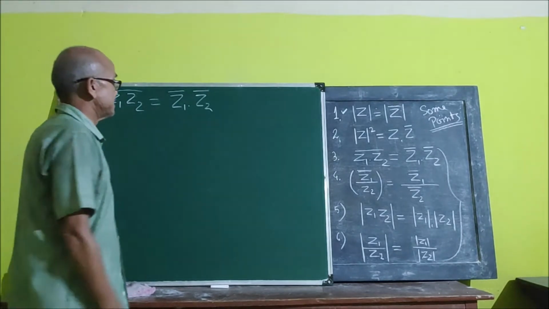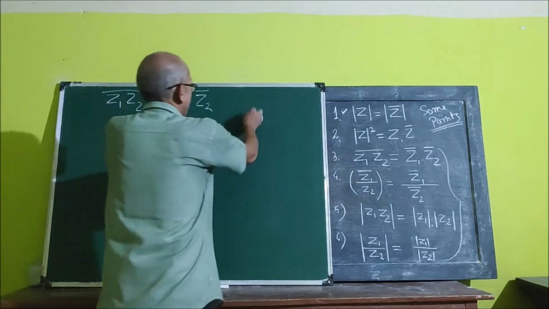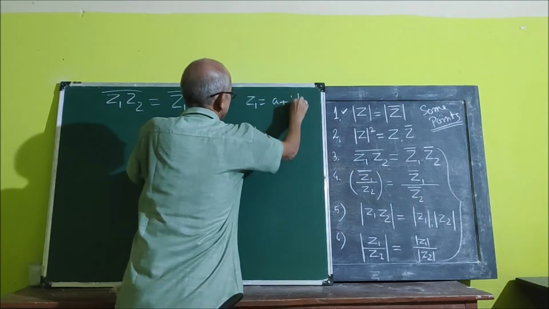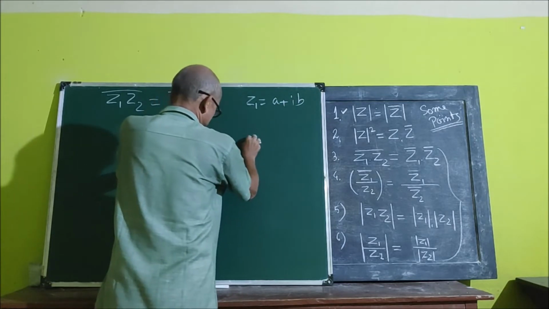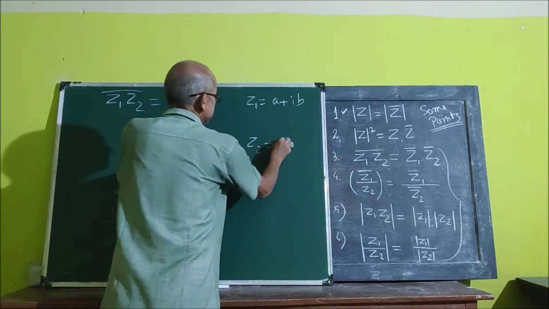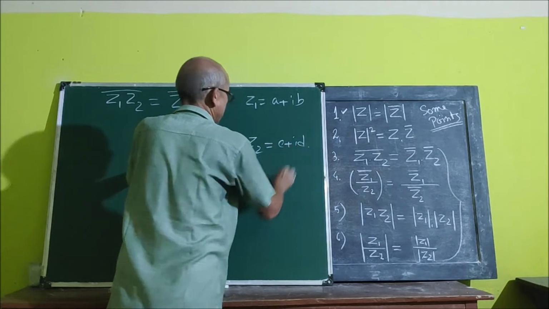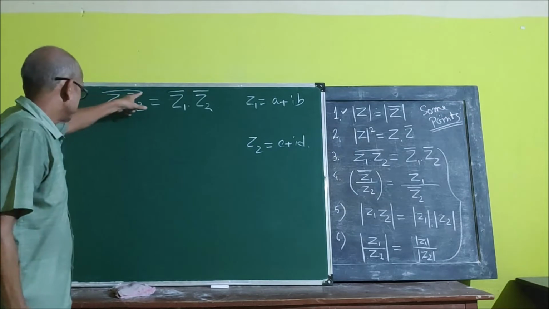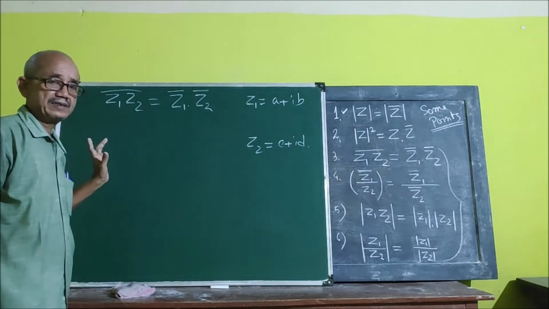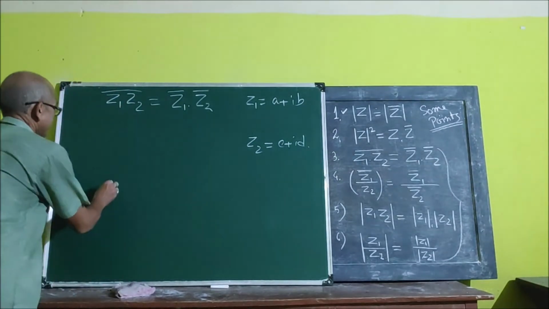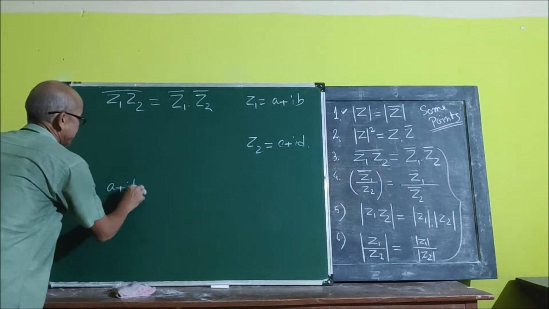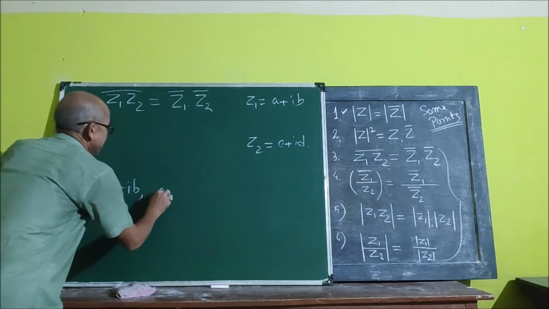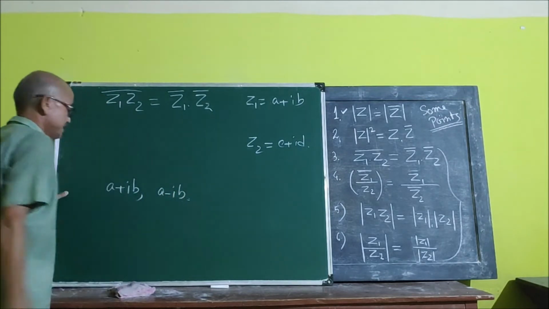Suppose we consider one complex number equal to a plus ib and the other complex number c plus id. Conjugate means what? If a plus ib is a complex number, then its conjugate will be a minus ib.